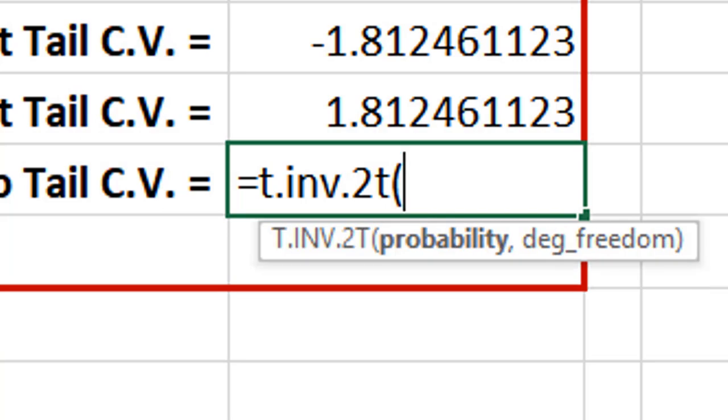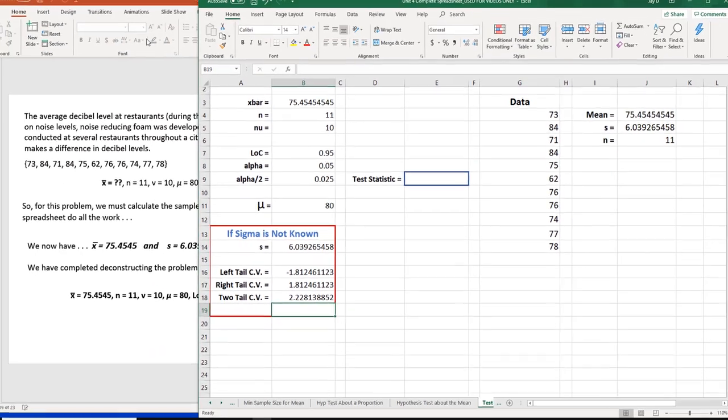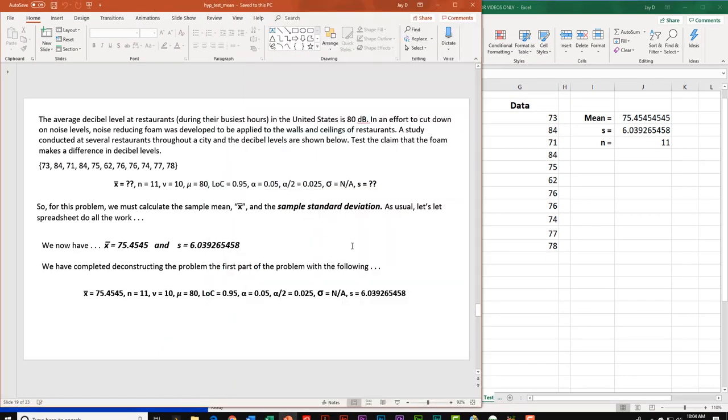Open parenthesis, and we'll still use alpha, comma, nu, close parenthesis. Now I have my x bar and my sample standard deviation for this problem, and I have all the inputs that I need for this problem.